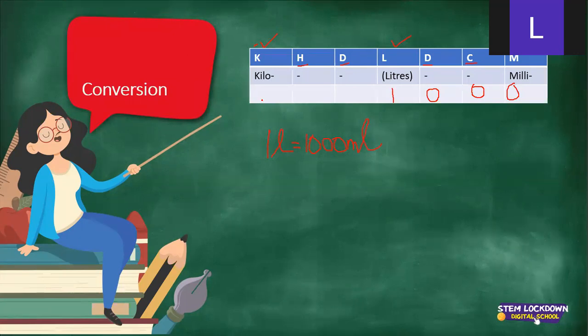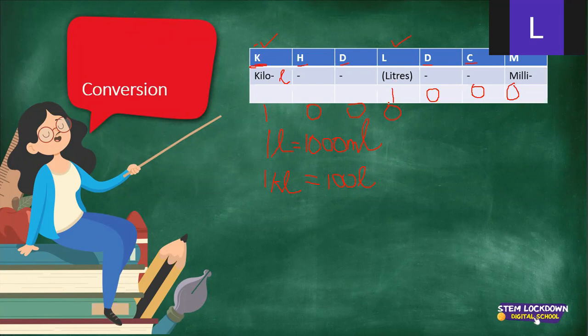Let's say you're converting between kiloliters and liters. The same thing applies. In line with K, just write a 1 and add zeros, with the 1 in line with H, D, and L. So again, 1 kiloliter is equal to 1000 liters. I think so far it's simple, that's quite easy.